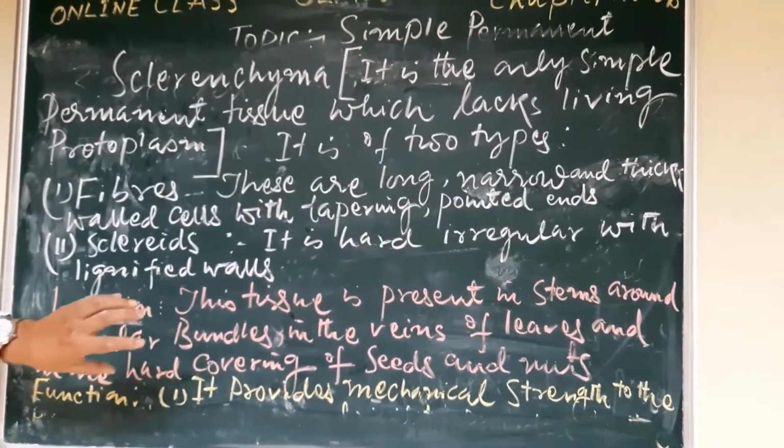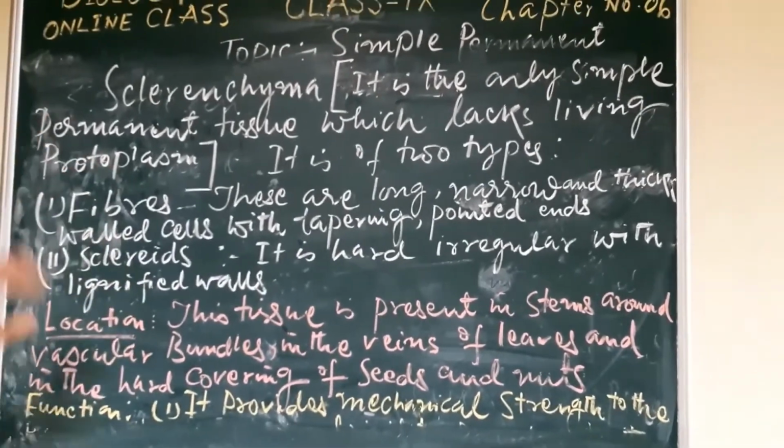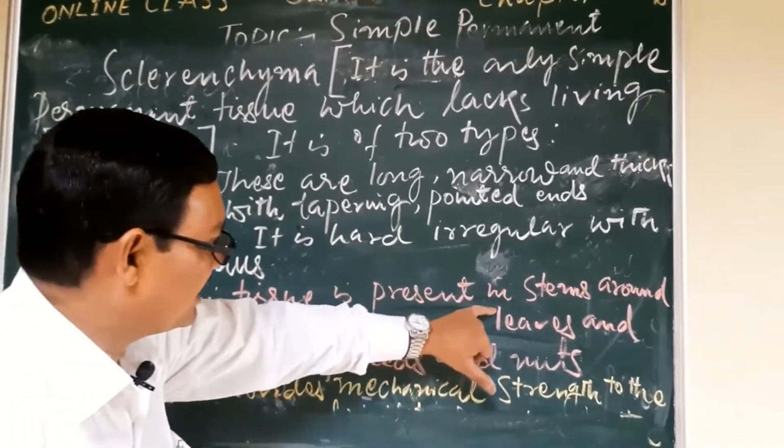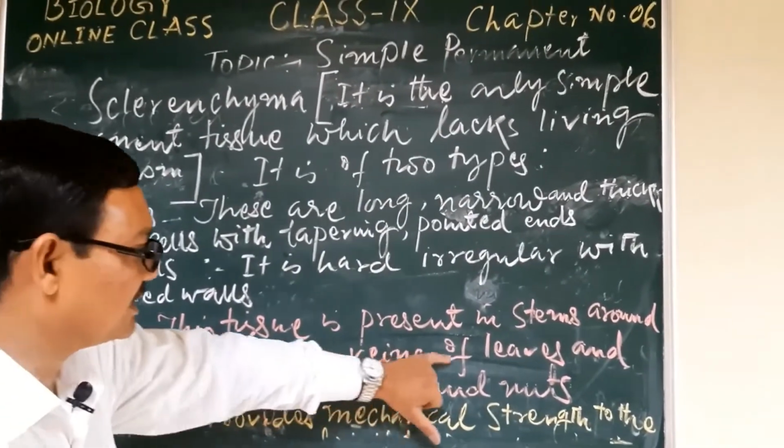Now what are the locations? Where is this tissue present? This tissue is present in stems around vascular bundles and in the veins of leaves.